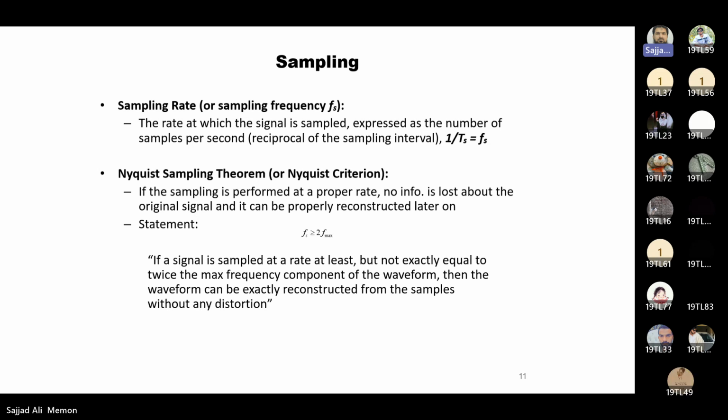So Nyquist criterion says that if the sampling is performed at a proper rate, what is that proper rate? That is, if a signal is sampled at a rate at least but not exactly equal to twice the maximum frequency component of the waveform, then the waveform can be exactly reconstructed from the samples without any distortion.